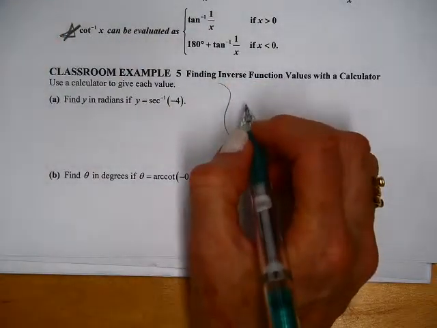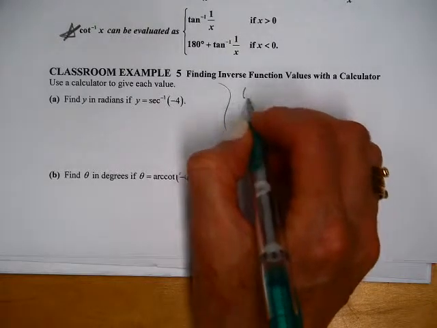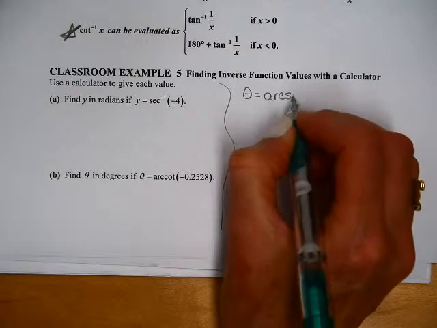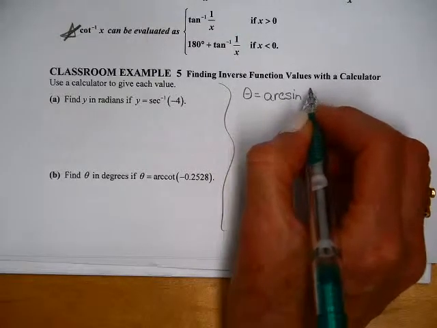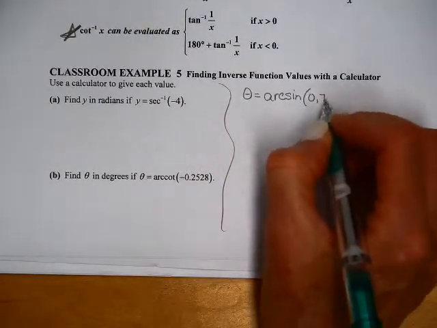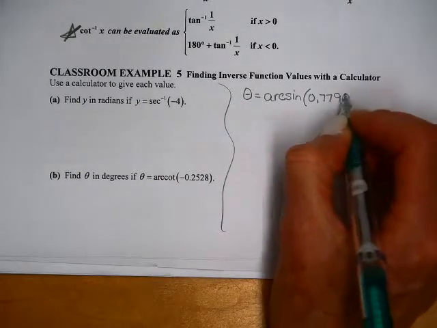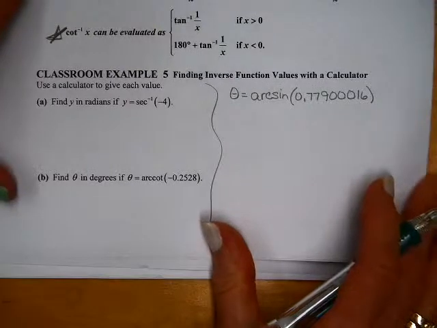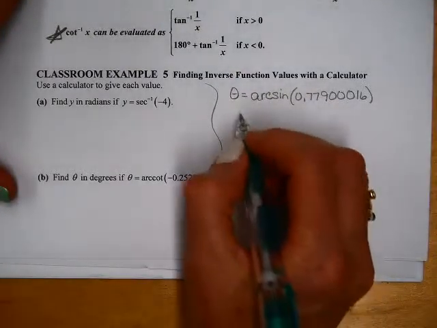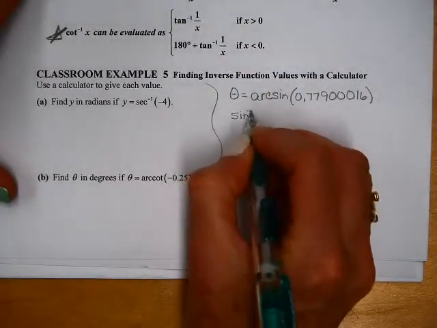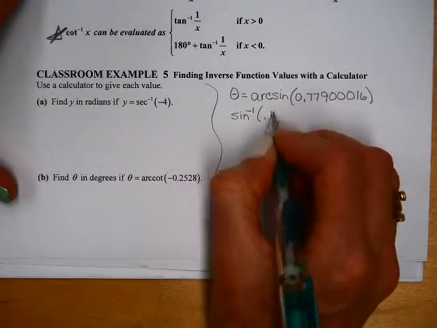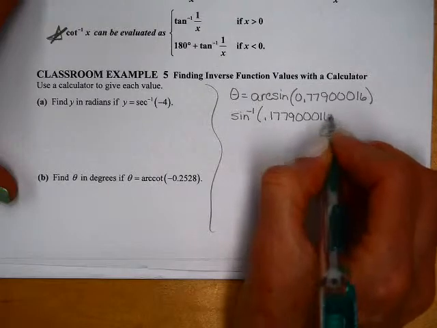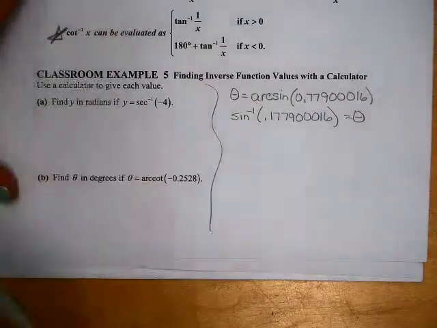If you wanted to find in degrees, it says theta is the arc sine of 0.177900016. To put this in your calculator, it is that second sine button. So second sine 0.177900016 would give you theta.